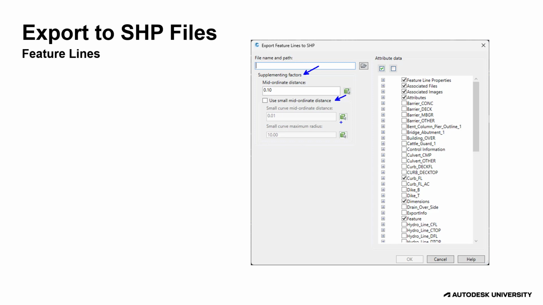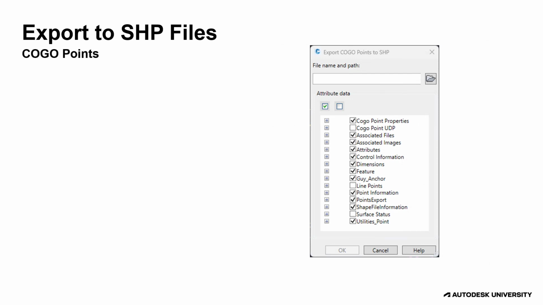So it's giving you the control, letting you determine what that tessellation should be. And you can also select the attribute data you want to include. And then the Kogo points is similar, but there's no option to tessellate curves.